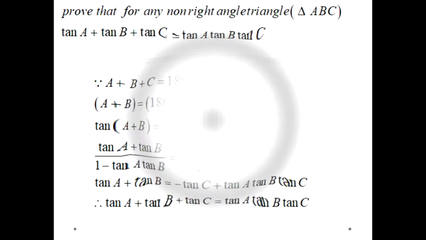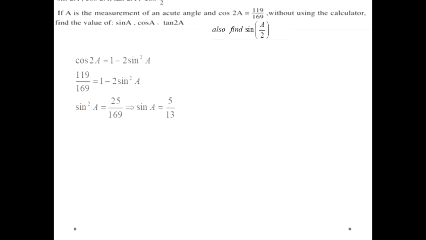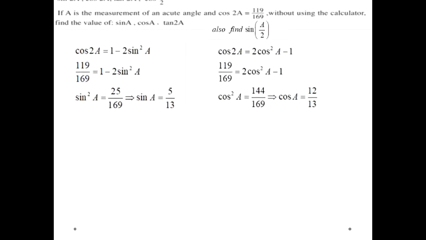So I will use this formula, the second one: cosine 2A equals 2 cosine square A minus 1. Of course, 1 can go to the other side, the same as sine. Cosine square A equals 145 over 169, and it should have been positive or negative, but we are in the first quadrant. Sine A or cosine A, both of them are positive.